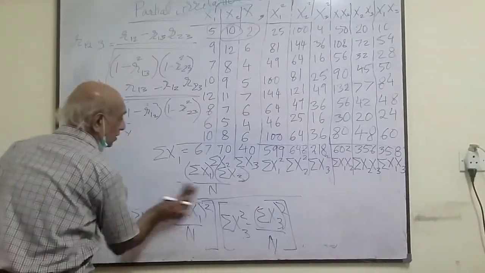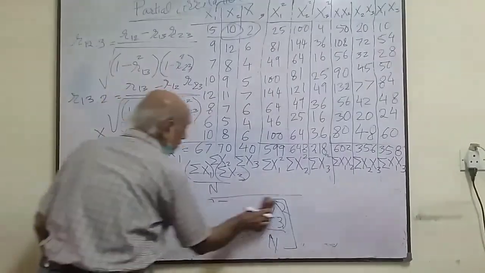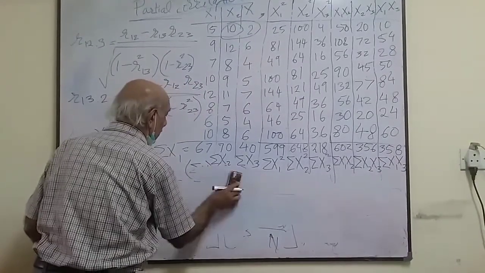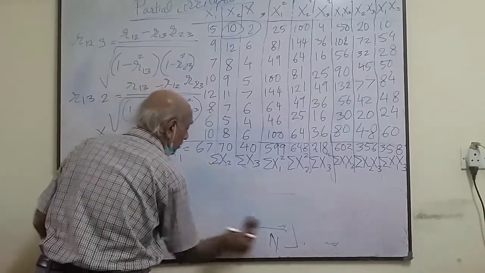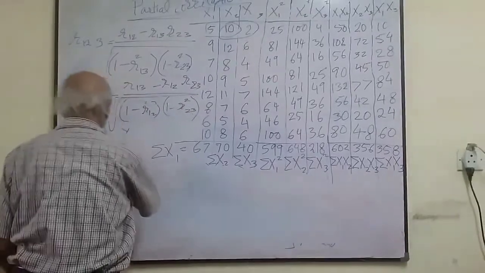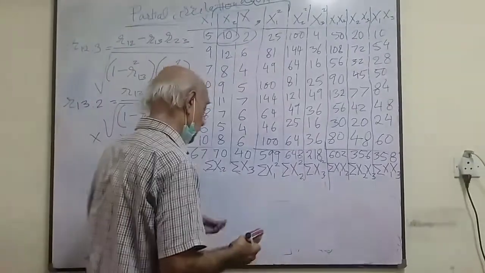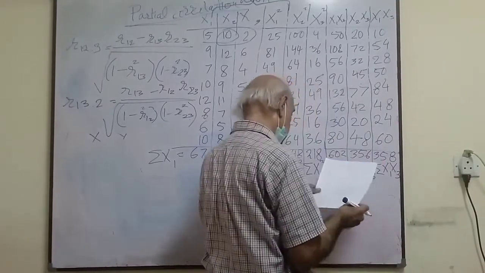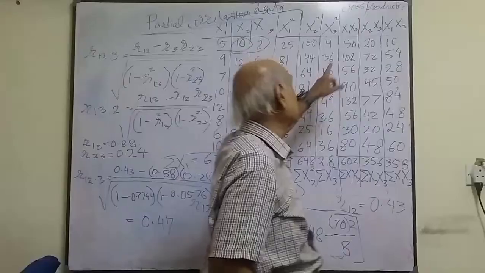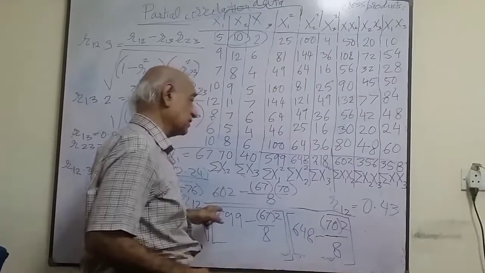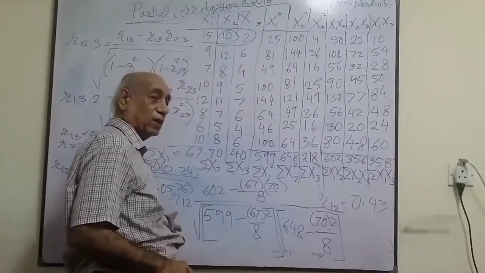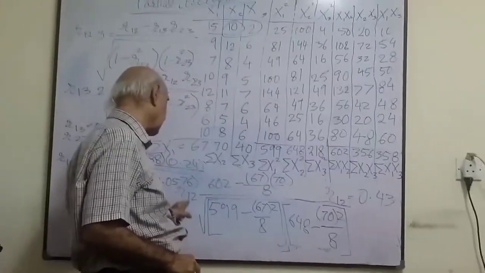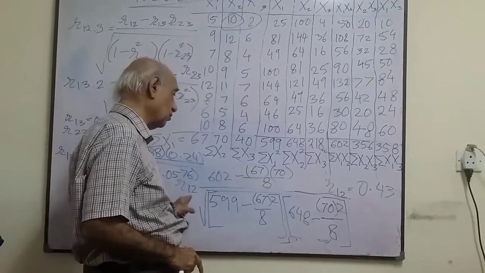I've already given you the formula, and I'll directly come to the values of the correlations for variables 1, 2, 1, 3 and 2, 3. Take an example of the correlation coefficient between variable 1 and 2, R12.